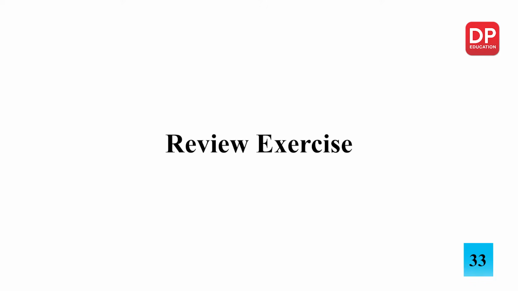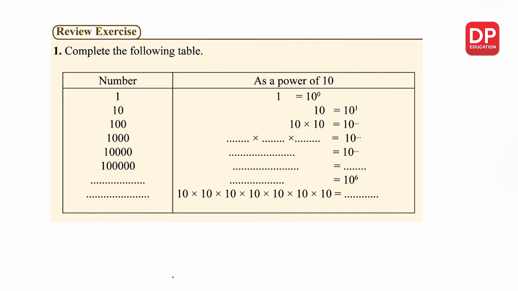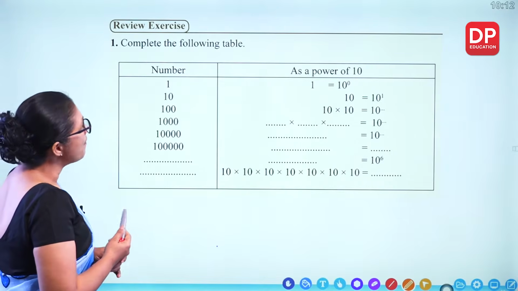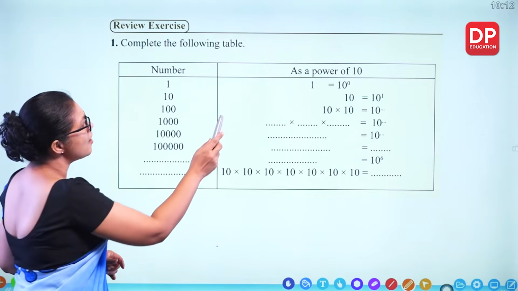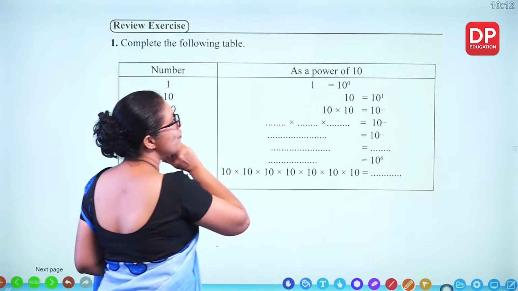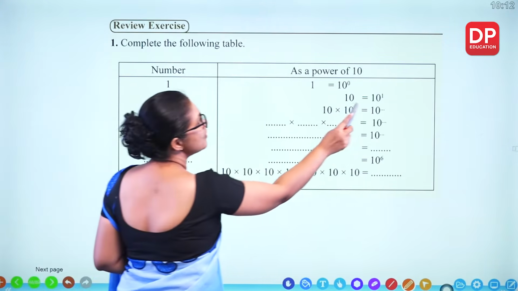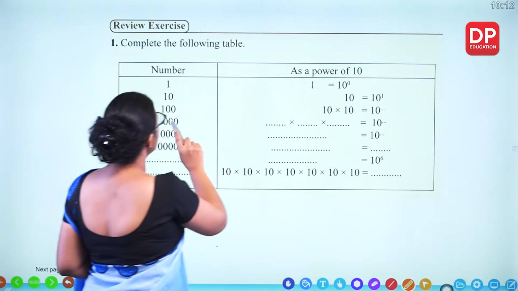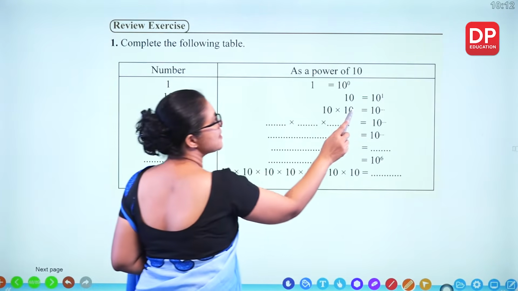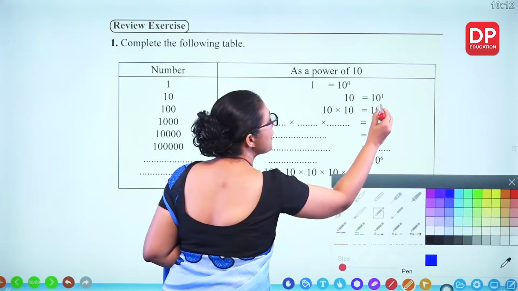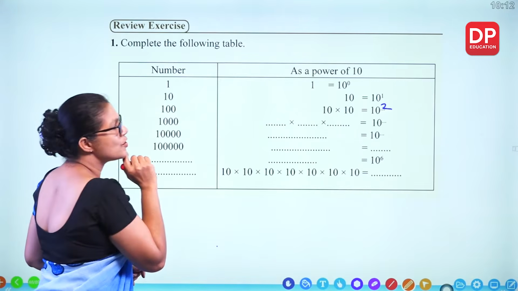Now we'll look at review exercise. Complete the following table. So you have given numbers and ask you to write as a power of 10. So here 10 is there. So 10 to the power 1. 100 means 10 times 10. So what's the number here? 10 to the power 2.